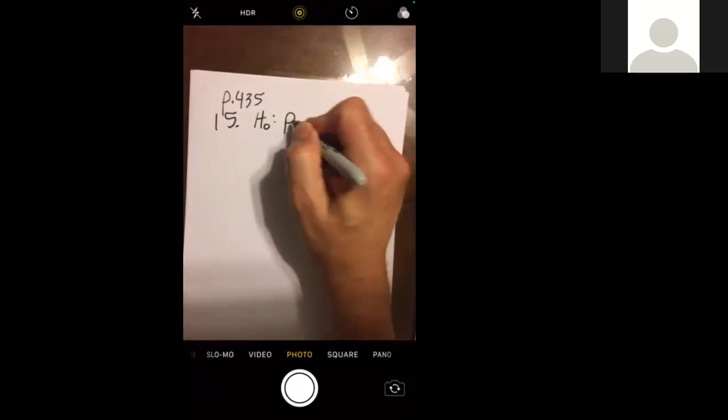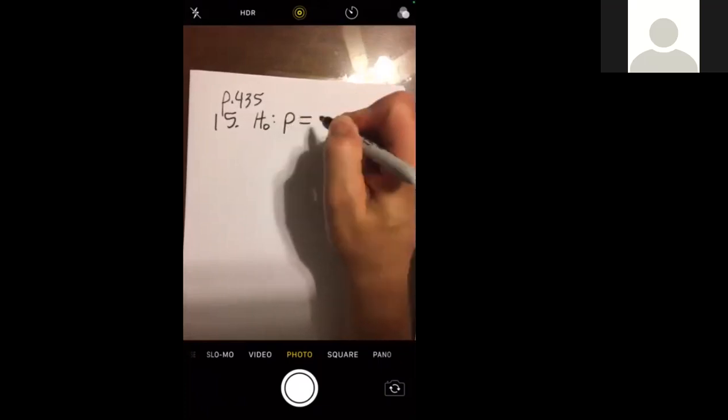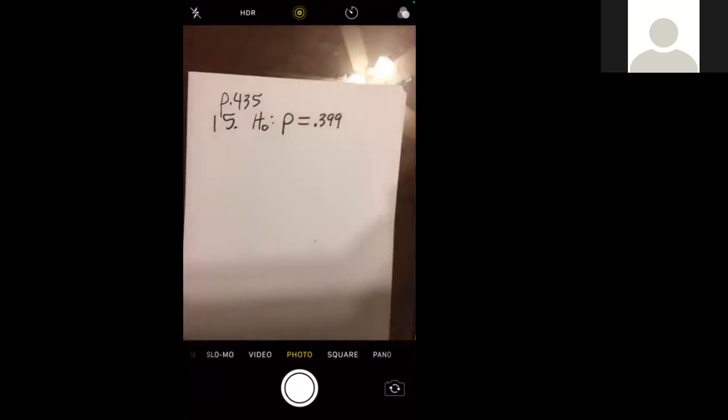They're going to use P for proportion. You're going to say P equals 0.399. So we're shortening up all those words in that sentence to this lingo. The proportion who earned a bachelor's degree back in fall 2007 within 6 years was 0.399.